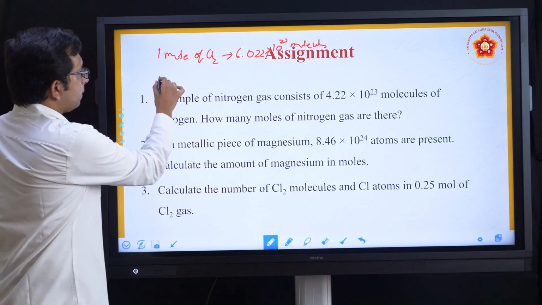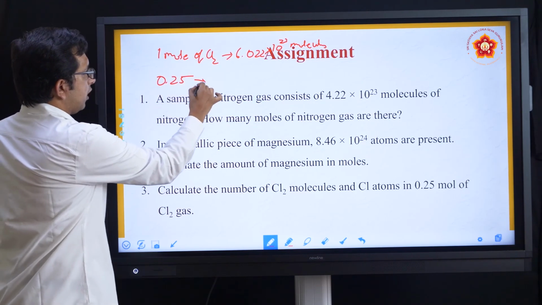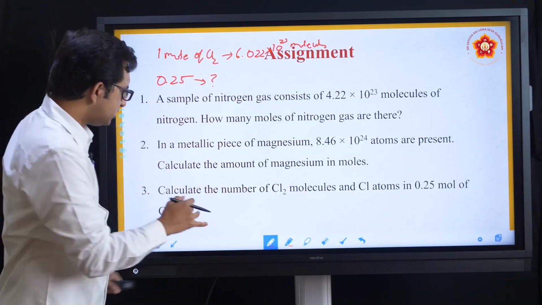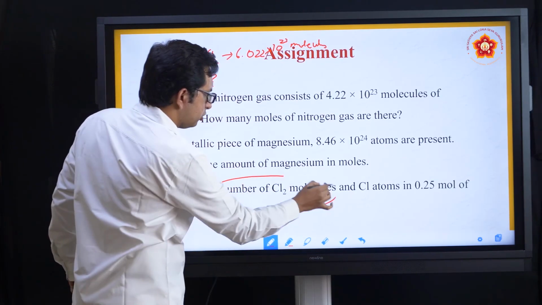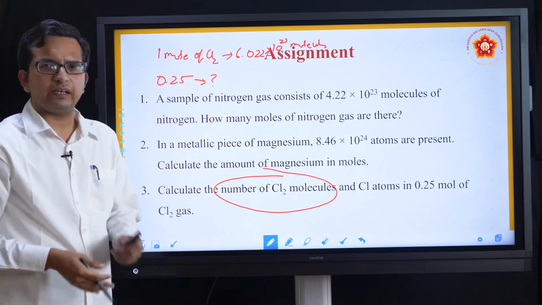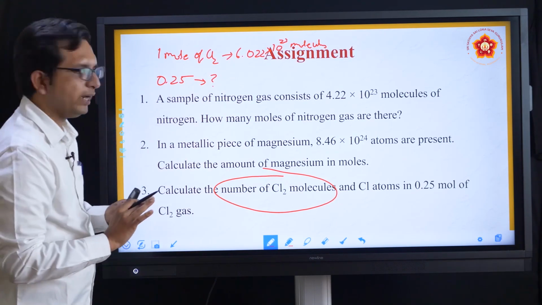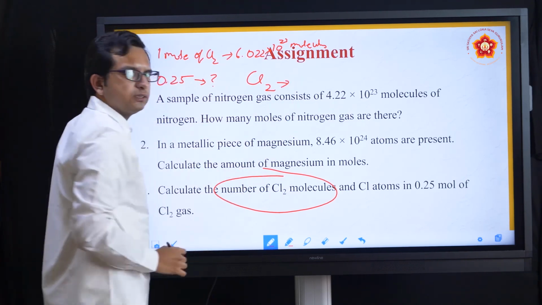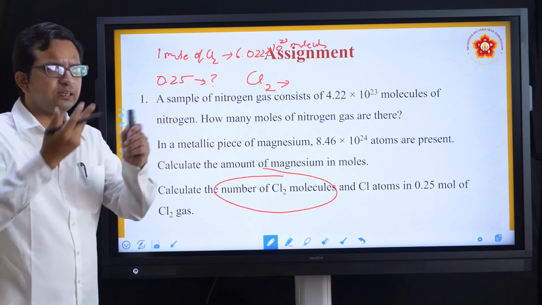Then they are asking for 0.25. How will you calculate for 0.25 is what they are asking. Now this part was fine. The number of Cl2 molecules was fine. What about the Cl atoms then? We know very well that 1 molecule of Cl2, how many atoms does it have? It has 2: Cl and Cl.